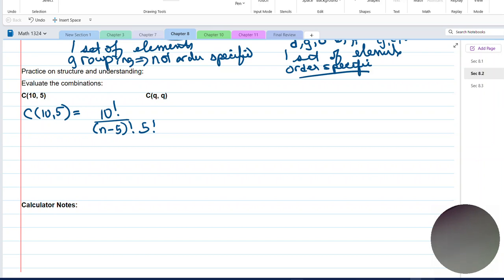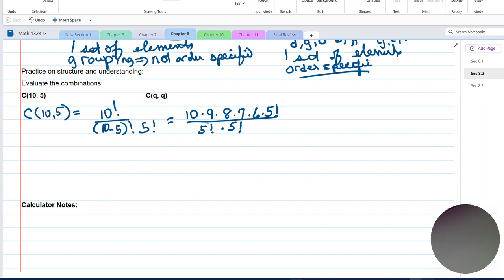Oh, that's 10, I know you see 10. So that's 10 times 9 times 8 times 7 times 6 times 5 factorial over 5 factorial times 5 factorial.